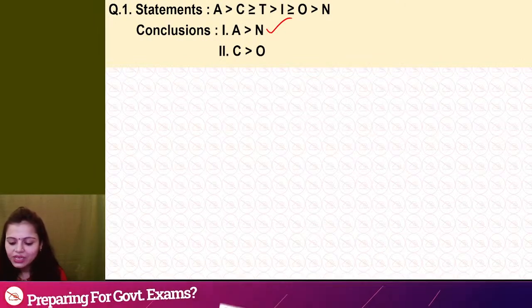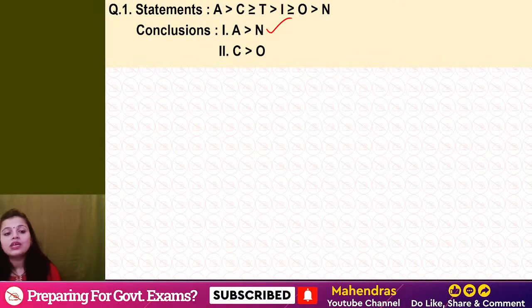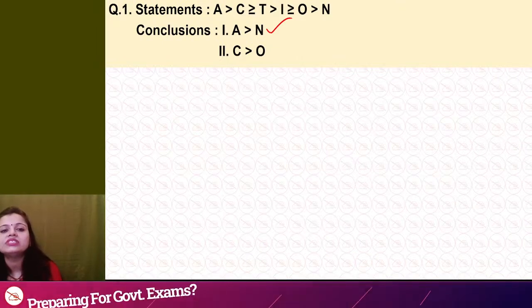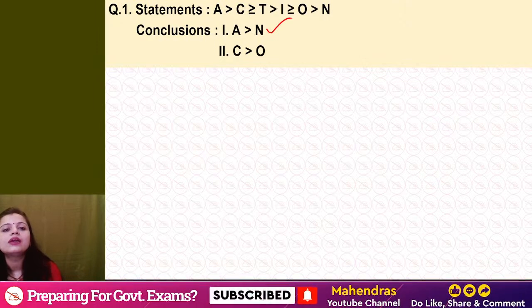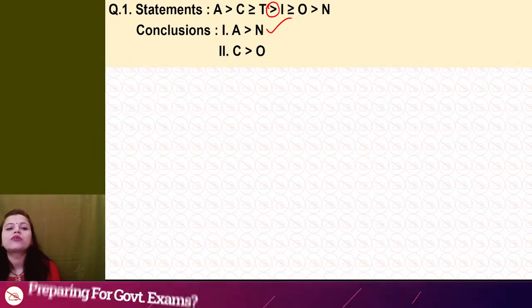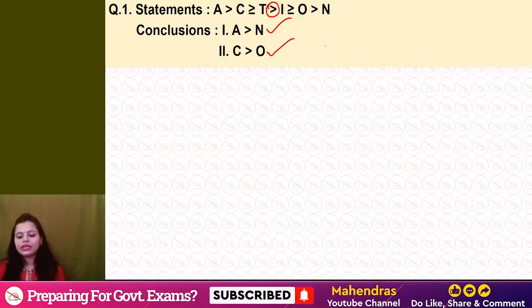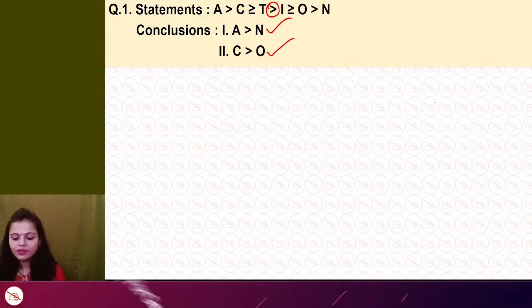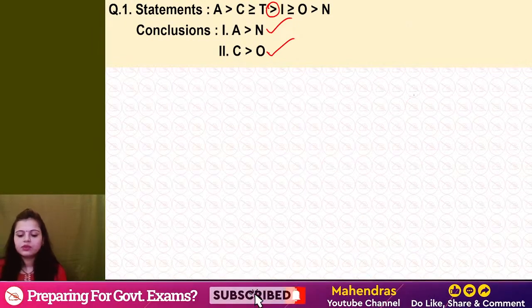Now the second one is C is greater than O. Just see the relation between C and O. Greater, equal, greater, greater, equal. So obviously greater will get the preference. C is greater than O. Second one is again right. So your answer will be both are true.